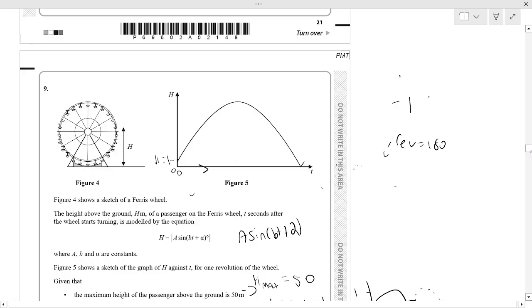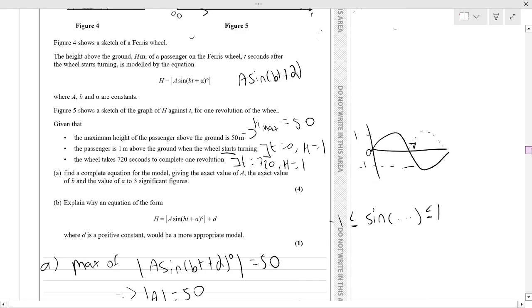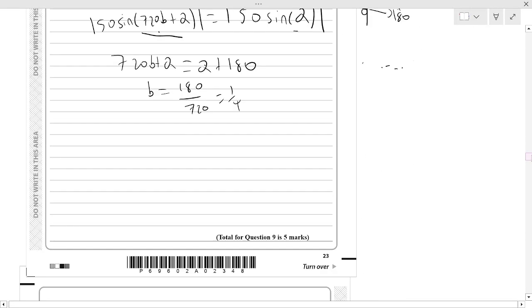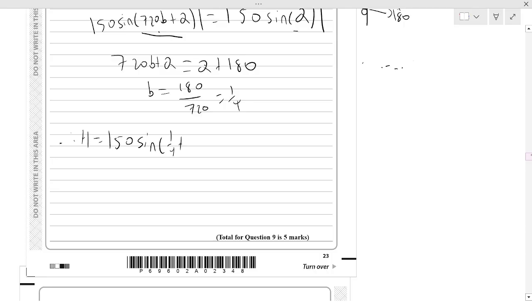So now we've found an a, b, and alpha value. It said find a complete equation. You need to be careful it says that, because you then need to fill in and restate the equation. So that means h is going to be mod of 50 sine of a quarter t plus 1.115, right? 1.15 degrees.